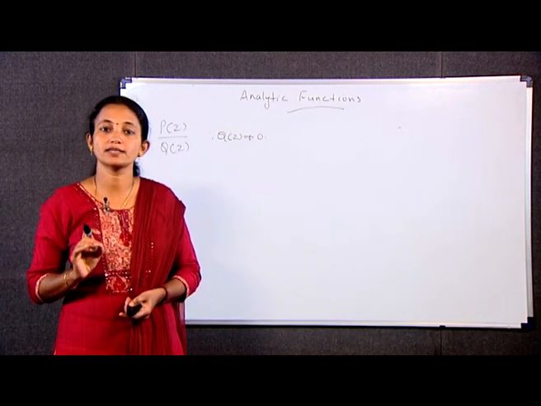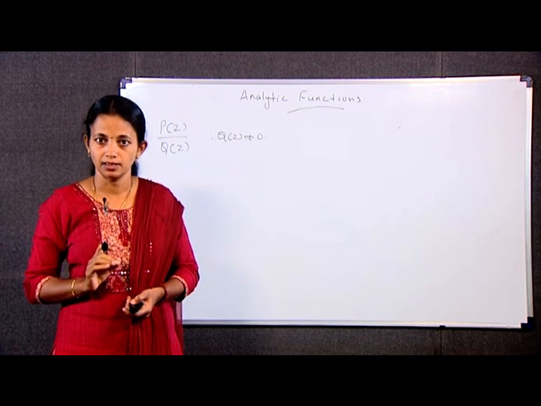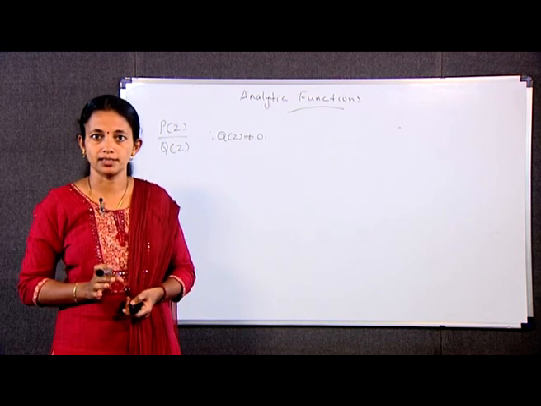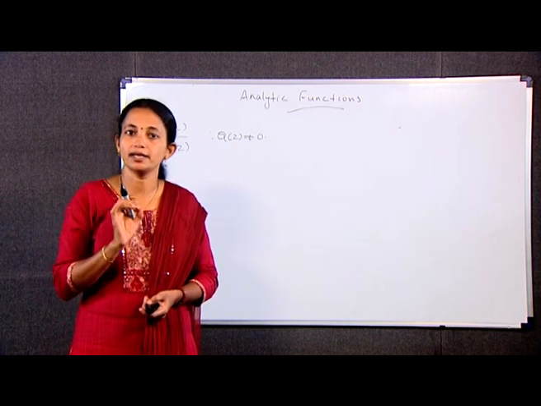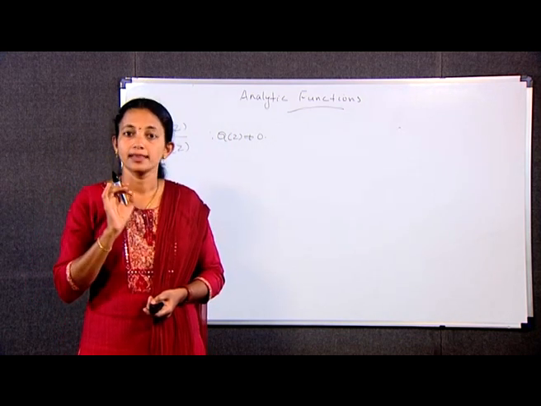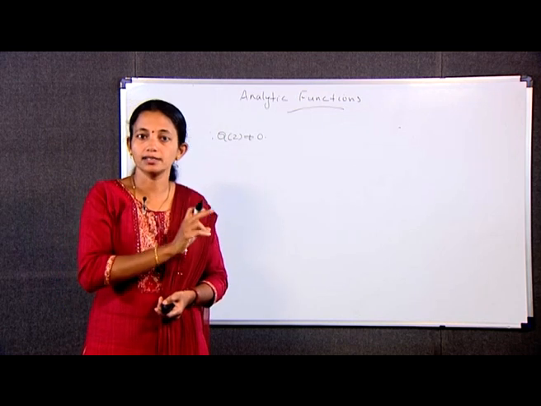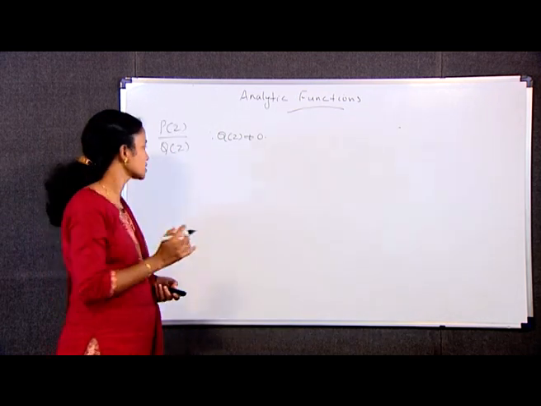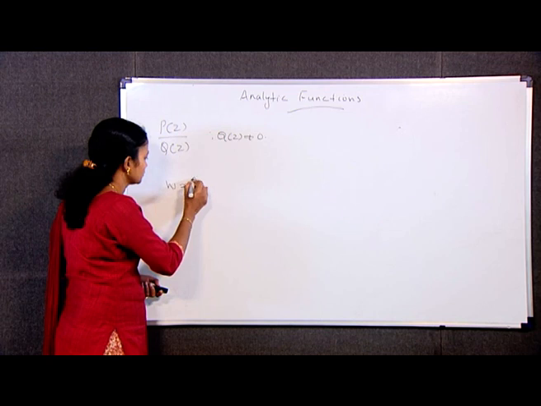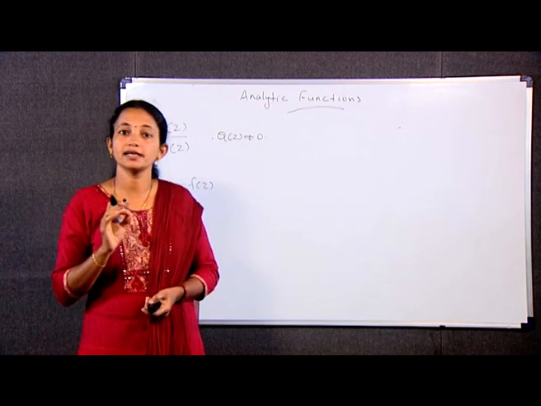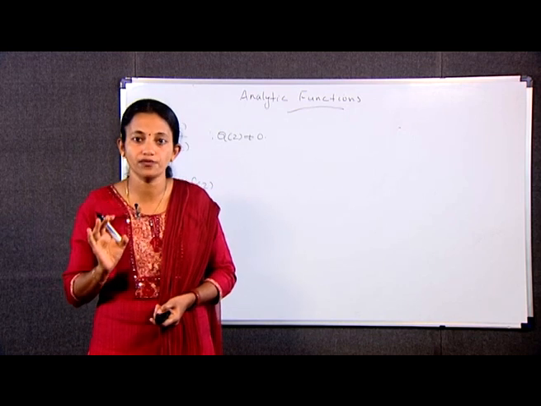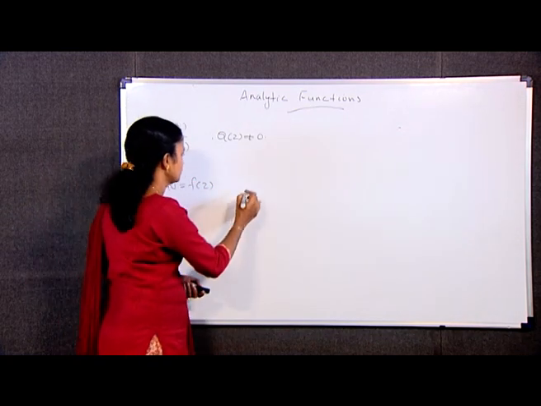Composition of two analytic functions is analytic. More precisely, suppose that a function fz is analytic in a domain D and that the image of D under the transformation W is equal to fz is contained in the domain of definition of a function GW.